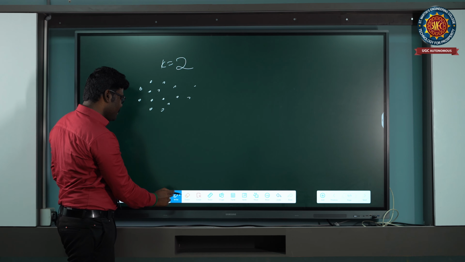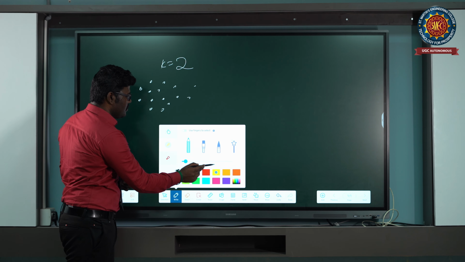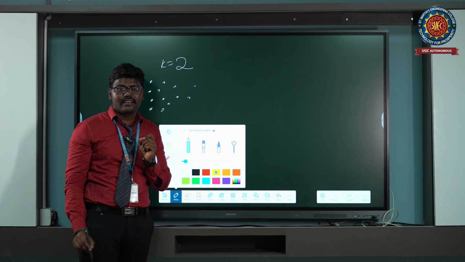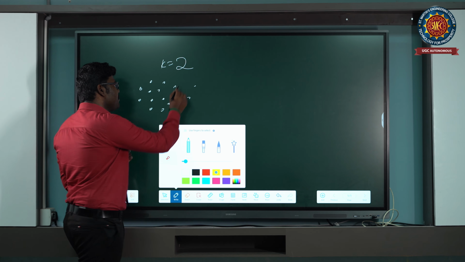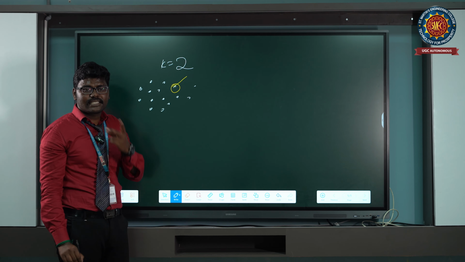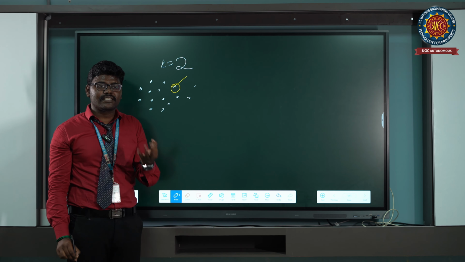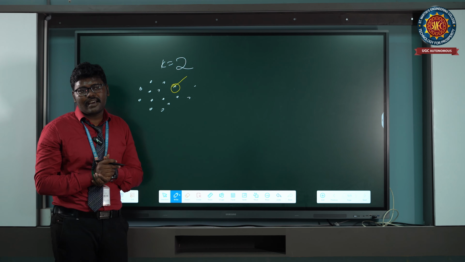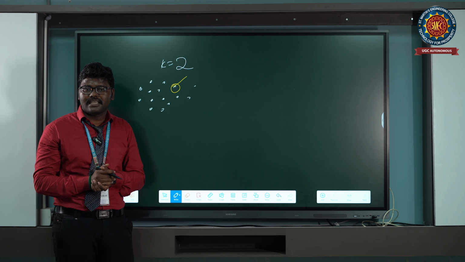Now the second step, we choose one random centroid point. For example, I will choose this data point as a centroid point. The third step, we calculate the distance. How can we calculate the distance? Here we can apply Euclidean distance or Manhattan distance.